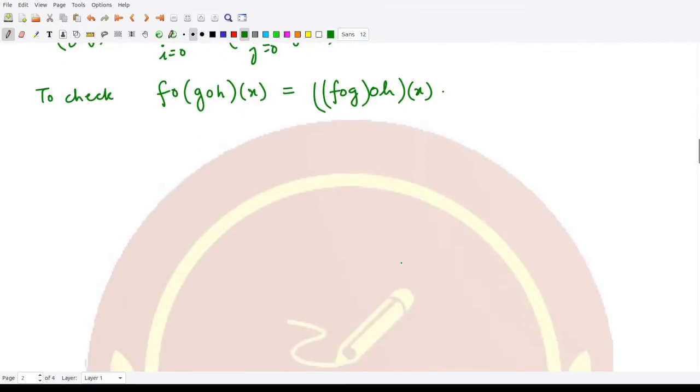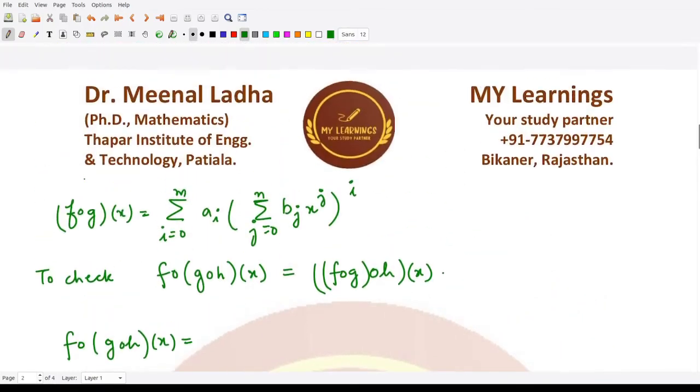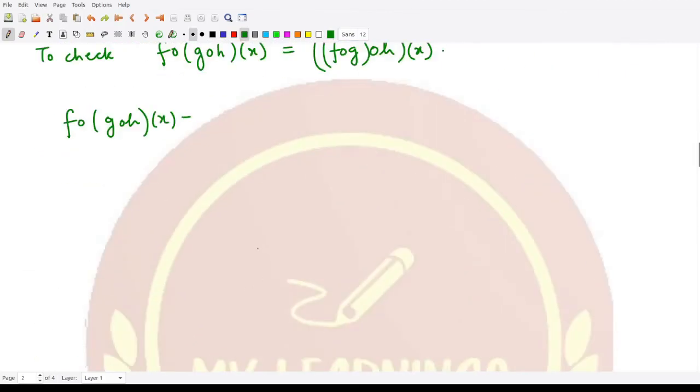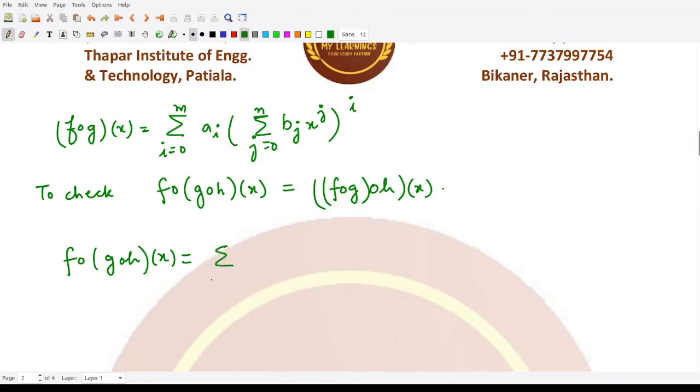For that, we first calculate (f o g) o h of x. In the expression for f of x, we have to substitute the value of g of x. Our f of x is this one, and in place of x we substitute this complete value. We'll change the index here. So we would have the summation i varying from 0 to m of a_i, and whatever is the value of x we write here, with its power as i.